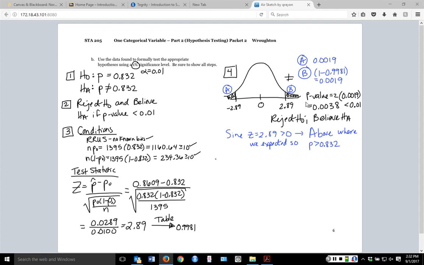So finally, step 5 is where we're going to interpret all of this. First interpretation starts at the alpha equals 0.01 level.